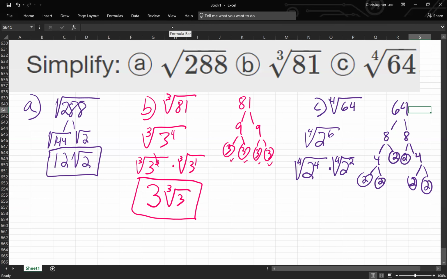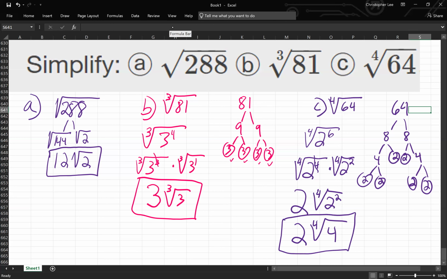Now the 4th root and the 4 will cancel out, leaving back a giant 2. And then we're going to be left with the 4th root of 2 to the 2nd, or let me write it again: 2 times the 4th root of 4. Boom. Now that's my final answer. Any questions on this? Anyone?